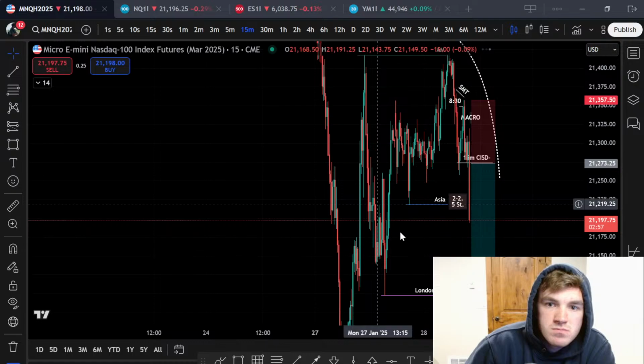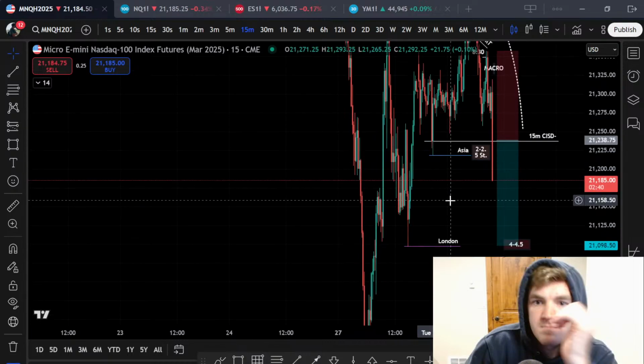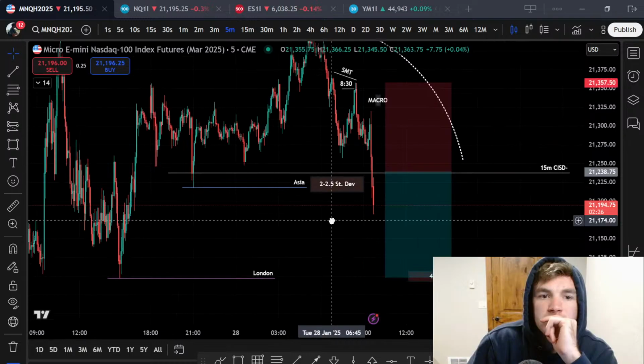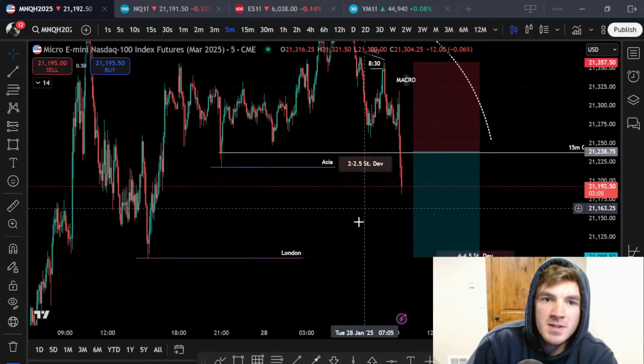I could enter on the retest of this 15-minute CISD, but it's tough, because I knew what was gonna happen, but I'm trying to just be patient with an entry.